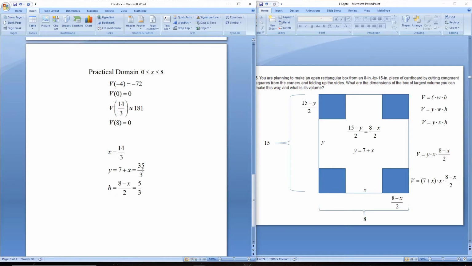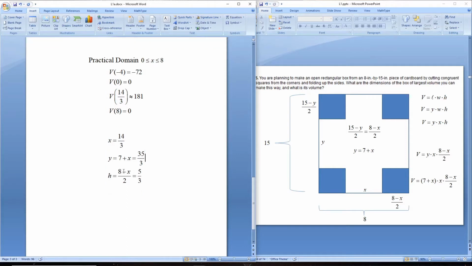And we can figure out what y is. And then we can use one of the heights, 8 minus x over 2 or 15 minus y over 2, doesn't matter. And you'll get the same number. And that's 15/3. And so if we cut up this cardboard, given these dimensions, that will be the largest volume you could create then.